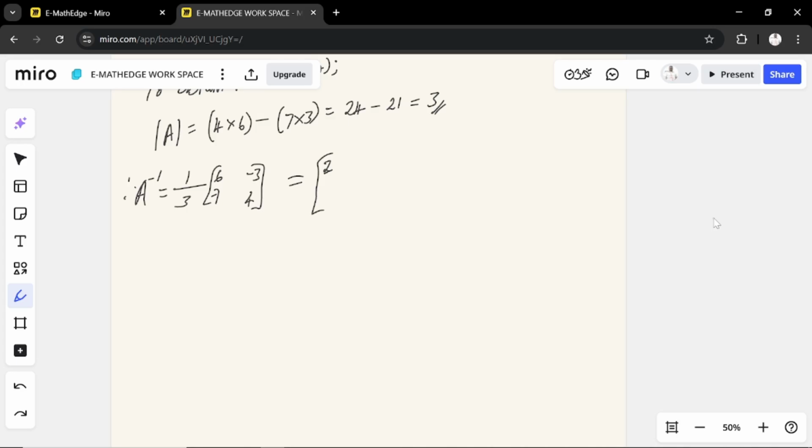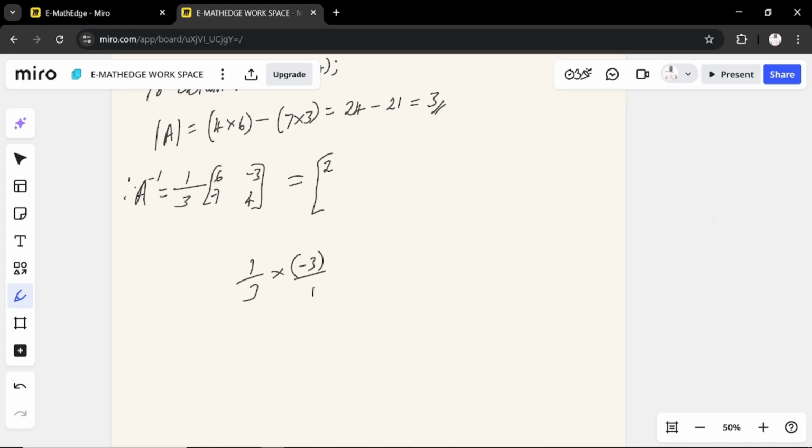The next thing to do is to obtain the element in the first row and second column by multiplying the scalar value 1 all over 3 by the element we have in the first row, second column. So it's going to be 1 all over 3 multiplied by -3.